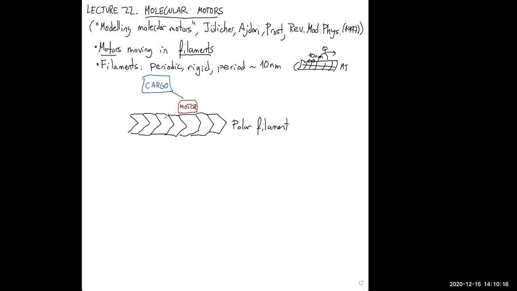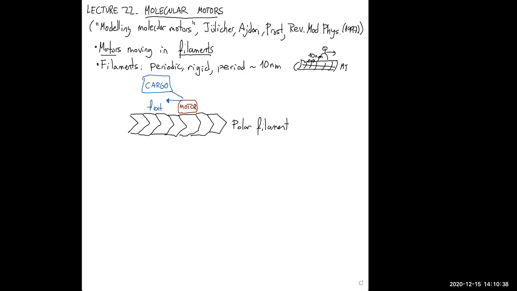And the motor, because of the fact that it's attached to a cargo, is subject to an external force. So this cargo is pulling the motor, and we say this is pulling with the external force, F external. The cargo is pulling the motor, but still the motor can move and has speed.